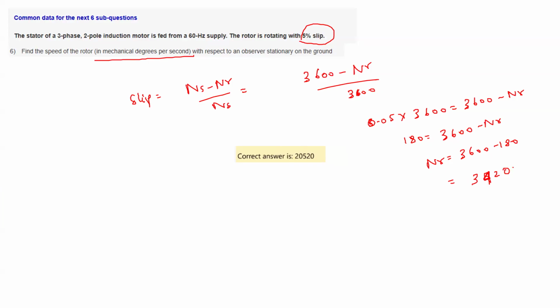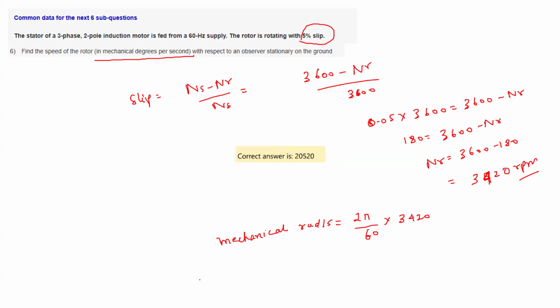3420 RPM. So this is in RPM. Then we know how to convert from RPM to mechanical radian per second. So in mechanical radian per second, it is 2 pi by 60 into 3420.